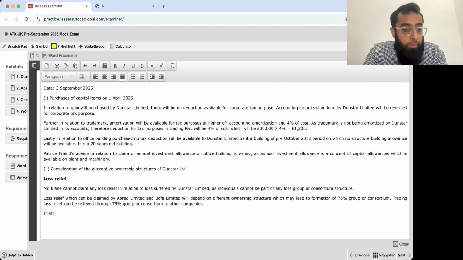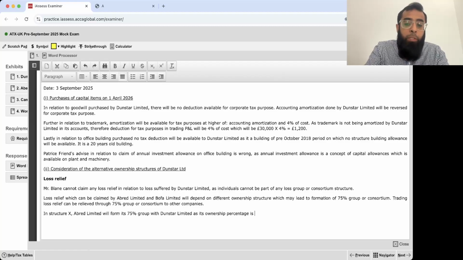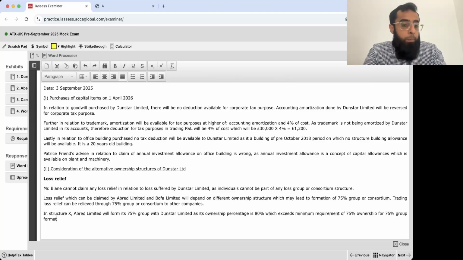In structure X, Abrid Limited will form its 75% group with Dunster Limited as its ownership percentage is 80%, which exceeds the minimum requirement of 75% ownership for 75% group formation.